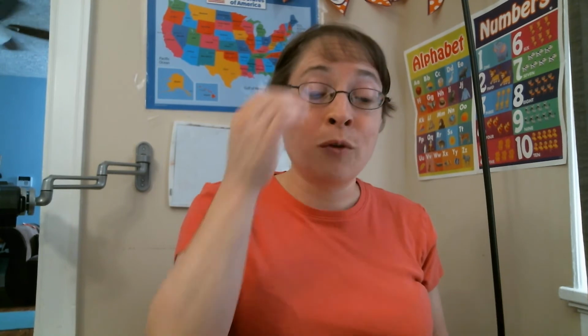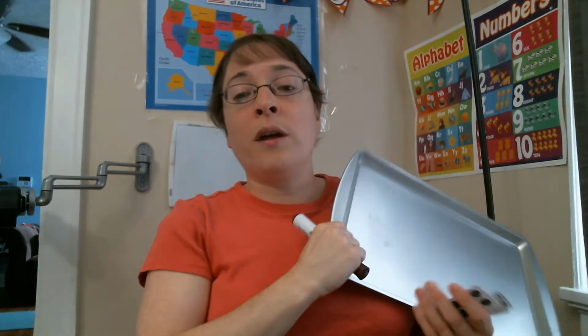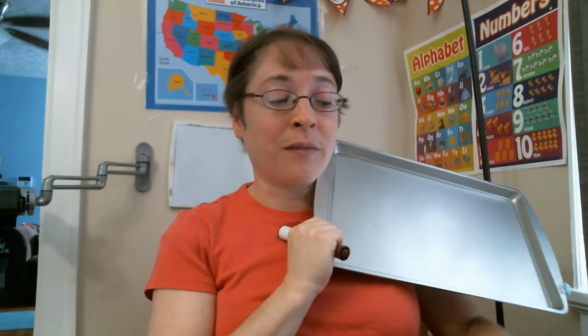Okay, so what I'm going to do is I'm going to call out a number the say 10 way, and I'm going to show that number with my cards here, okay?